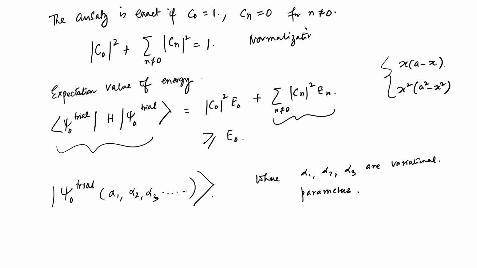Tunable means that the values of alpha 1, alpha 2 and alpha 3 which minimize this energy, that is the expectation value of H between the trial states, are the ones that are important for our discussion, and they have to be put back into this psi 0 trial to get the variational wave function.